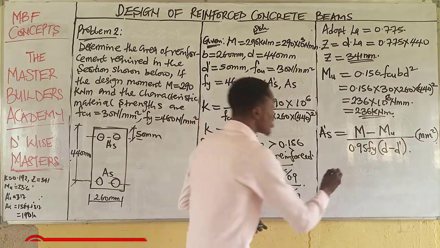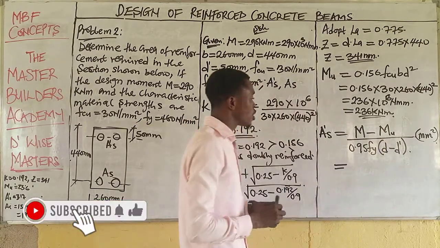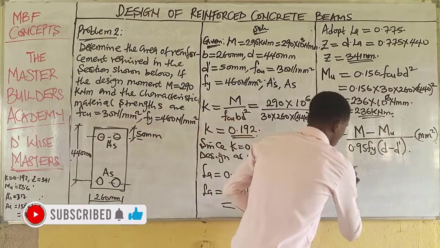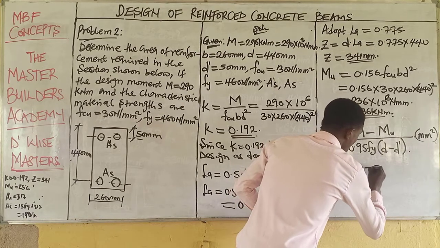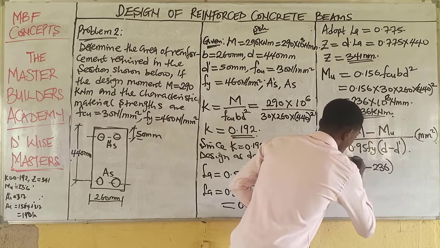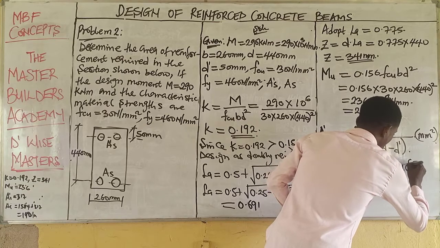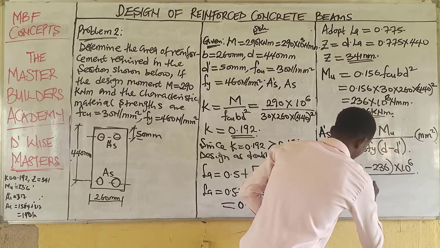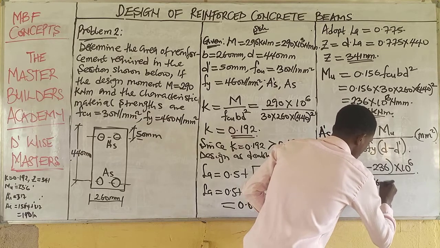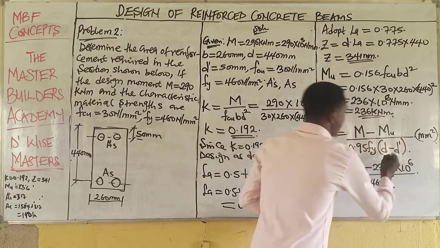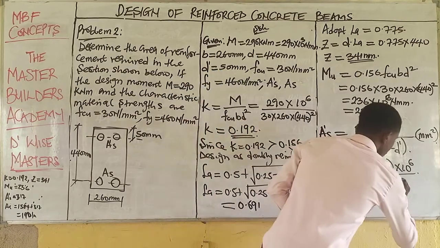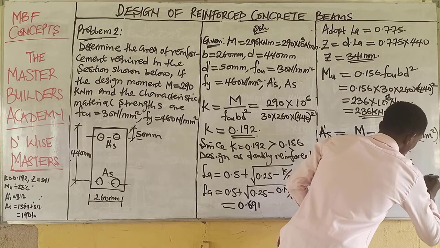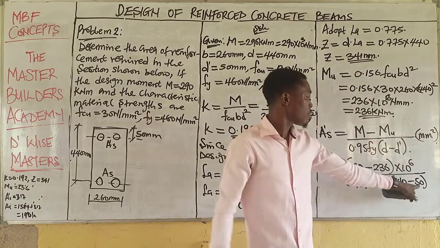Now, if this is understood, what is the moment induced on the structure, or the applied moment? The applied moment is 290. So we have 290 minus 236, multiplied by 10 raised to the power of 6, all over 0.95 multiplied by 460 multiplied by the effective depth 440 minus the effective depth of the compression bar, which is 50.